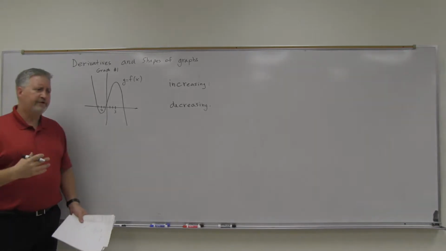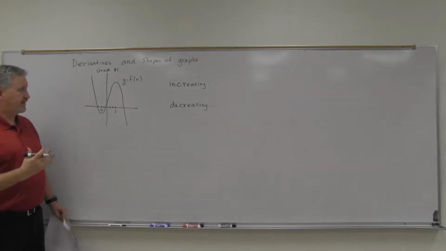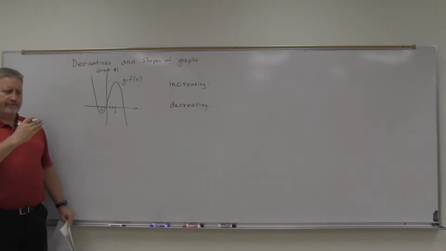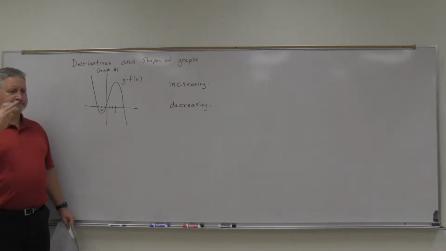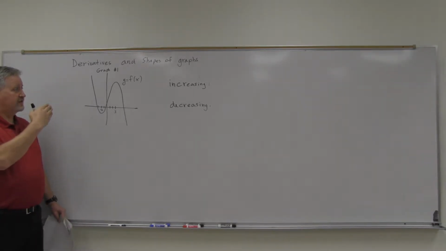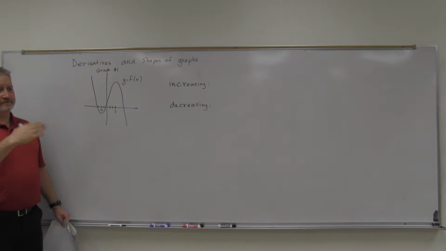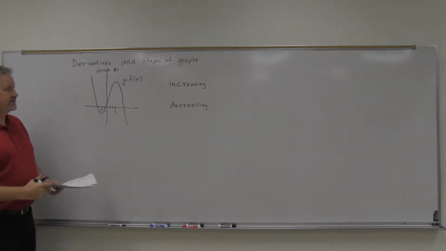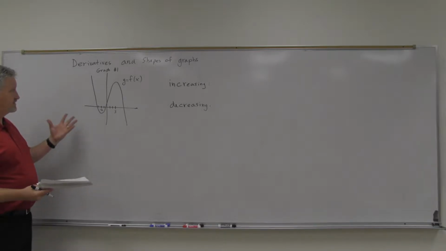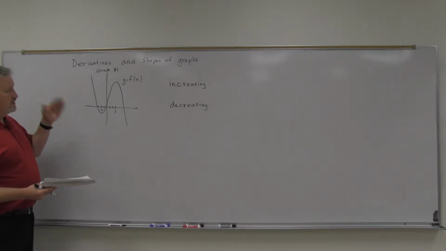Well, what we're going to do here today is talk about it a lot more. And remember, the way we approached it, in that first section, was we just looked at the graph and saw where it was increasing and decreasing. That's what we're going to start with here on number one, and then notice a few other things.